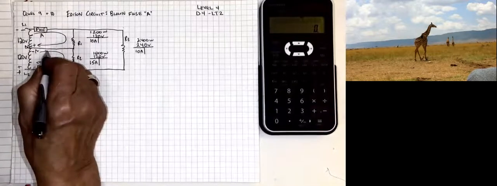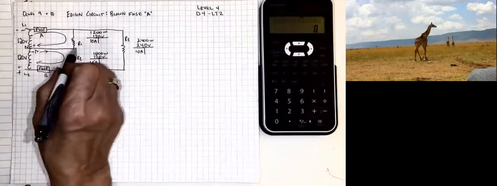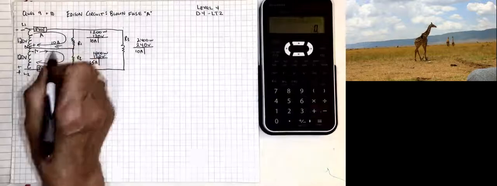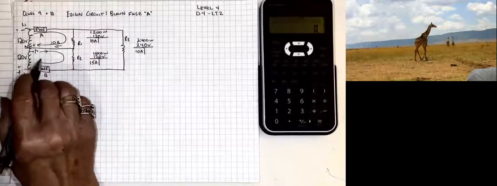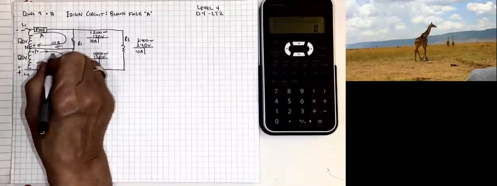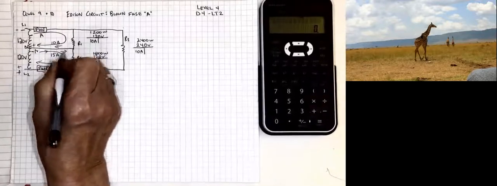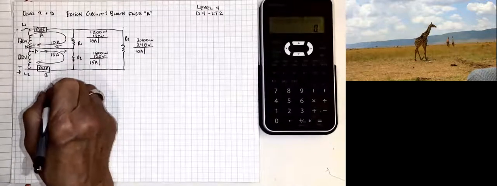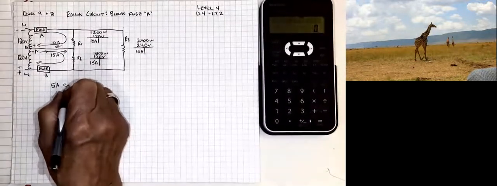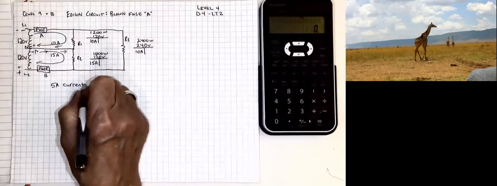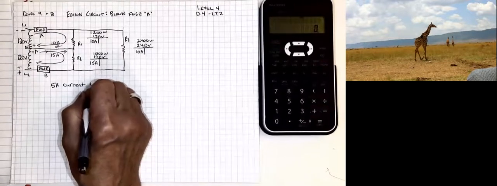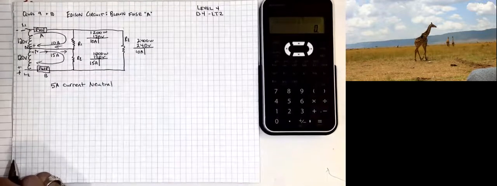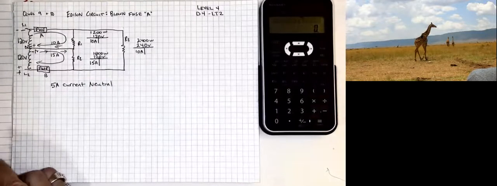You notice in the neutral, I will have 10 amps flowing this direction in the top loop and 15 amps flowing this way in the bottom loop. And we have a 5 amp current flow in the neutral, the difference between those two. So that's before the fuse breaks.